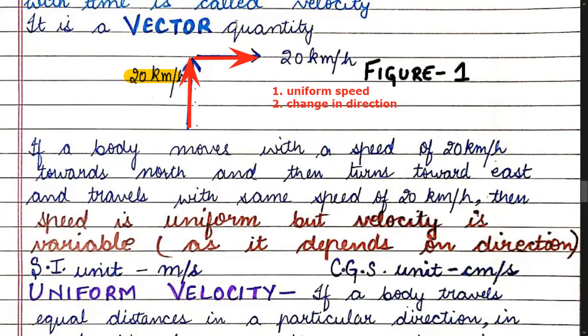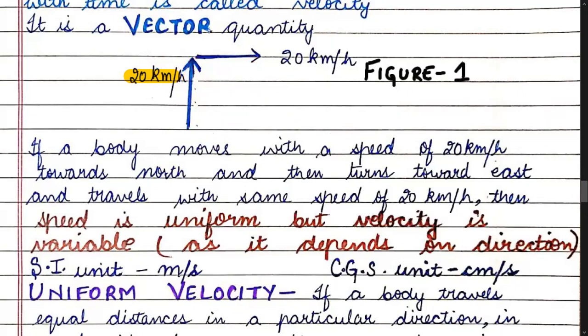Figure 1 can be said as an example of variable or non-uniform velocity. Why so? Because we have changed the path of the object. The direction is changed. The speed in this case was uniform, but since the direction has changed, the velocity is non-uniform.